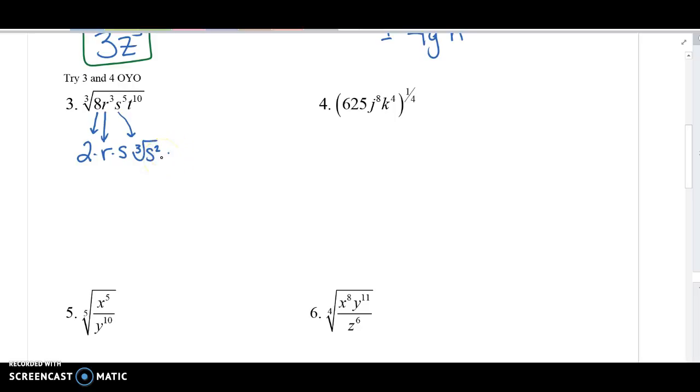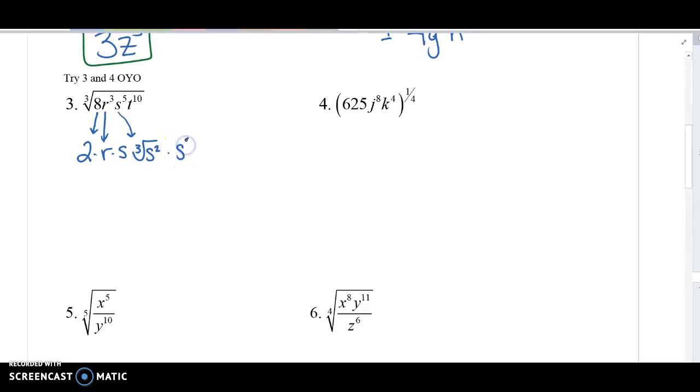Now let's try to simplify our t to the 10th. We have the cube root of t to the 10th. If you have 10 factors of t, how many groups of 3 are inside 10? 3 groups of 3. That would take out 9 of them.